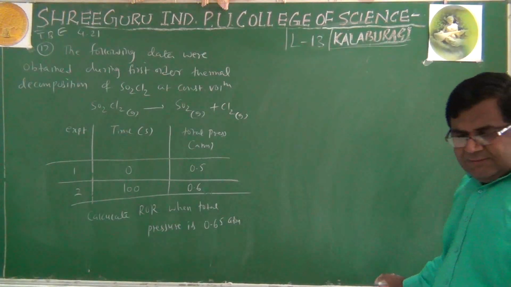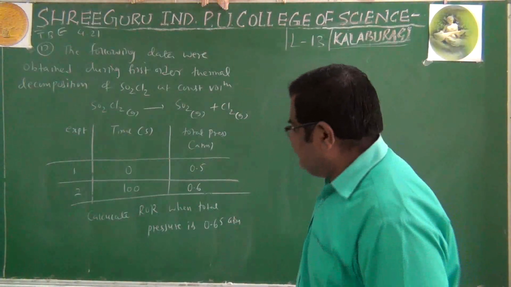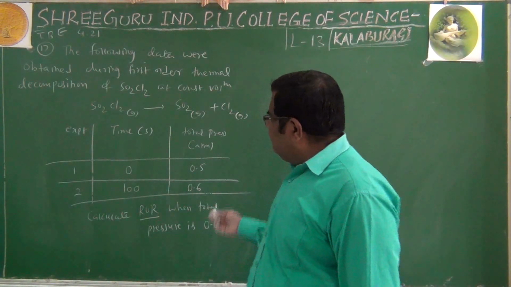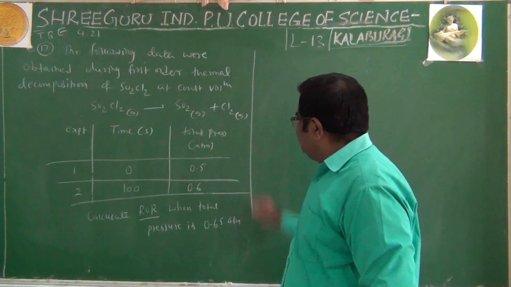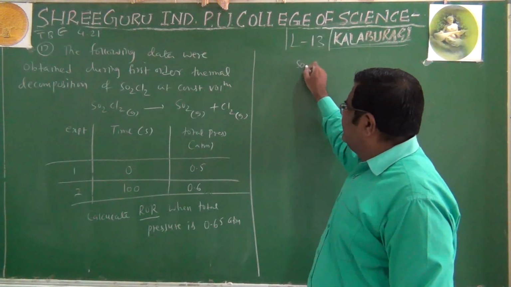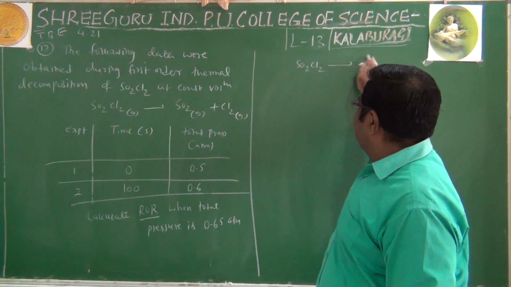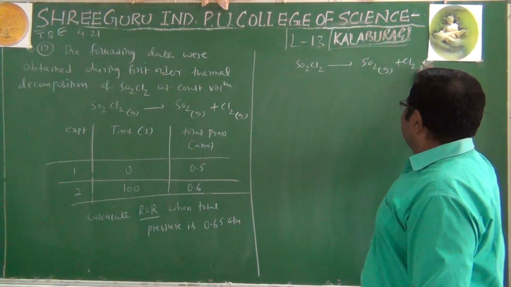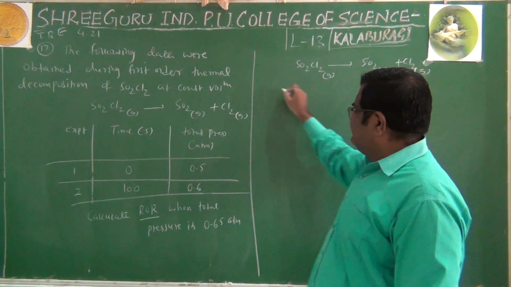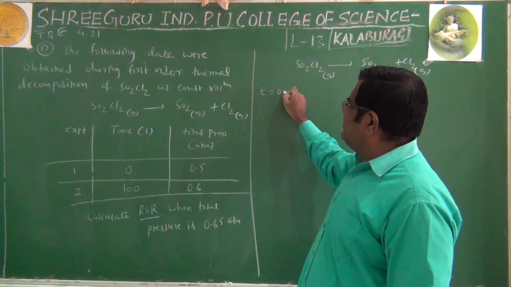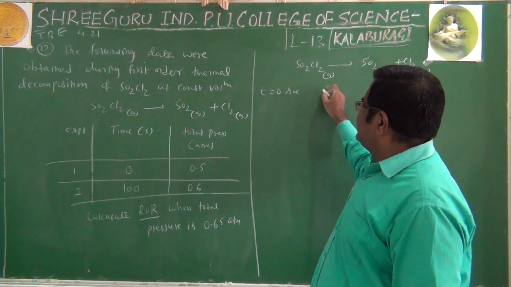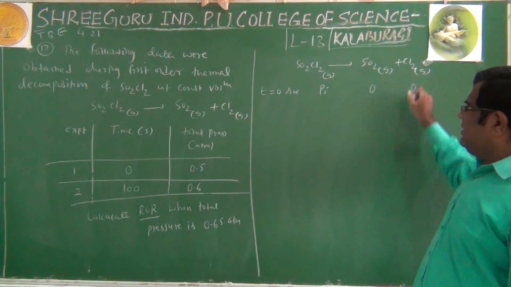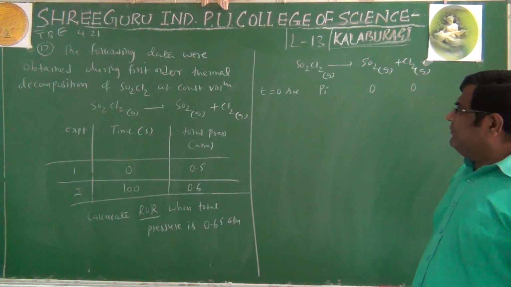Now what did they ask? They asked the rate of reaction. First we'll rewrite this equation. SO2Cl2 gives SO2 in gaseous state and Cl2 in gaseous state. At t equal to 0 seconds, the initial pressure is Pi, and this is 0 and this is 0 in atm.